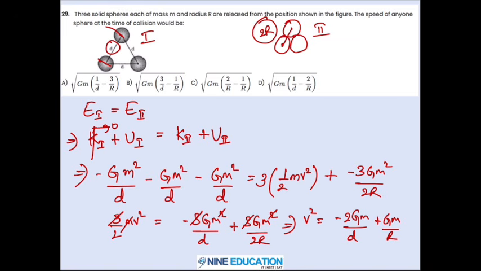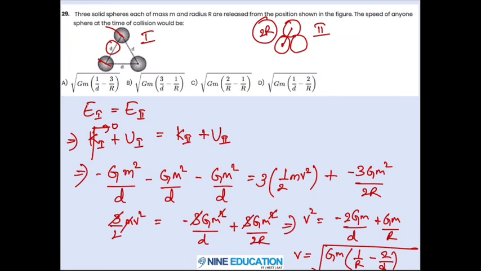So v is equal to under root of Gm by r minus 2Gm by d. So which option is correct here? So this is v is equal to under root Gm times 1 by r minus 2 by d.